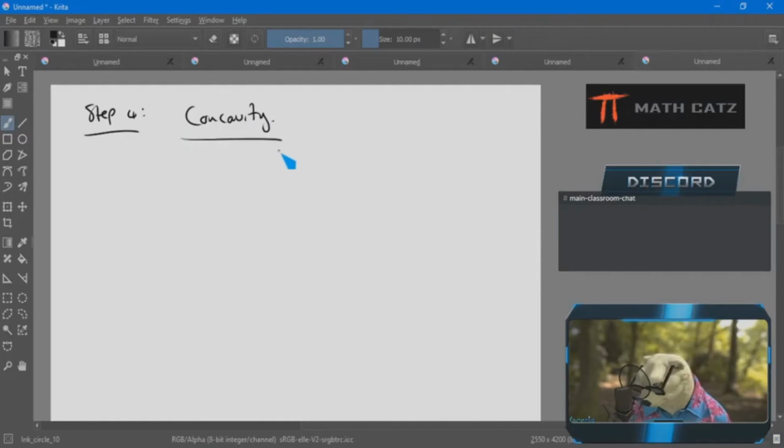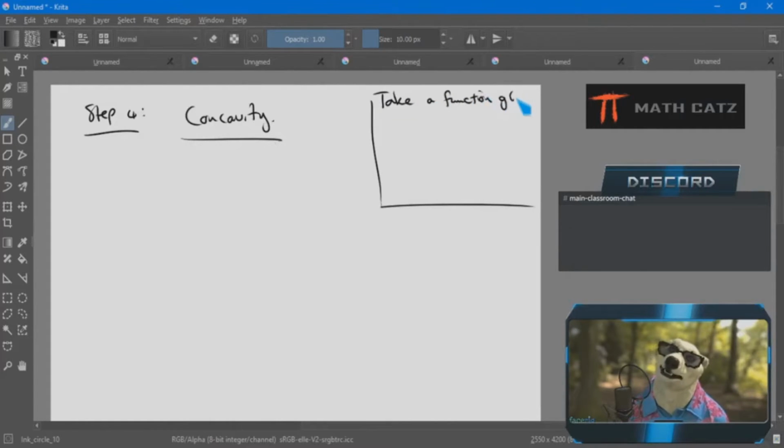Concavity. How it bends. Now, let's take a side note. Take a function, I don't care what function. Let's call it g. Take a function g of x.